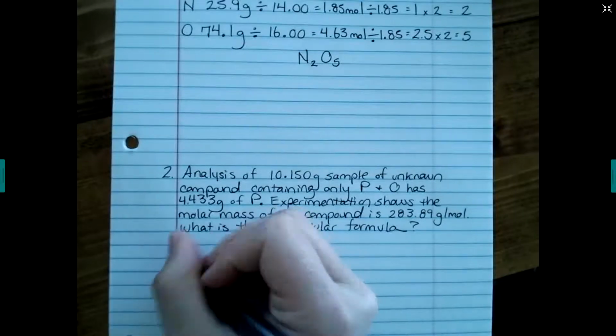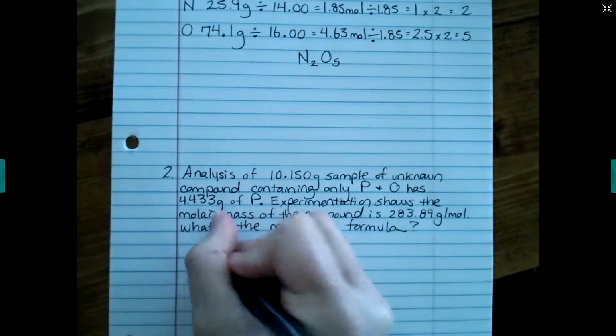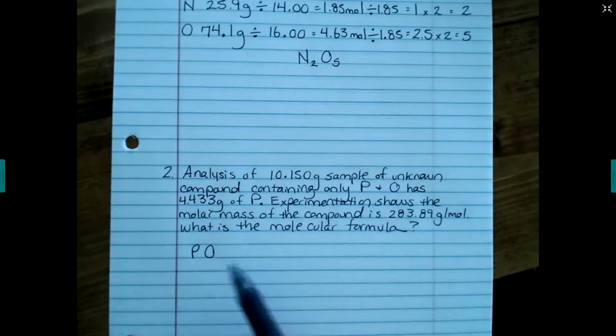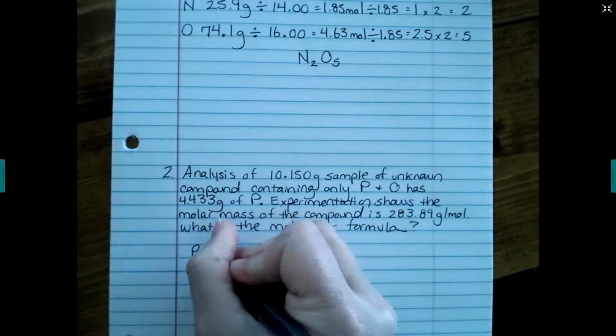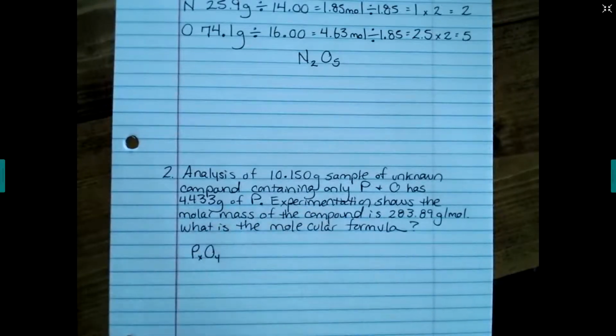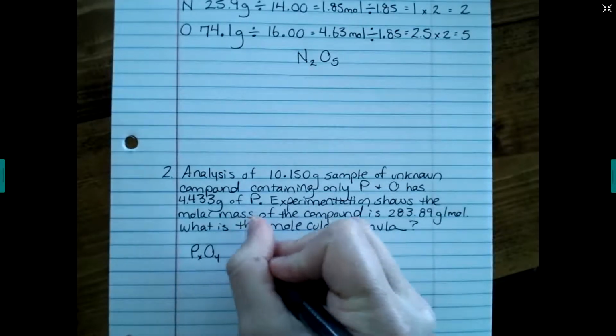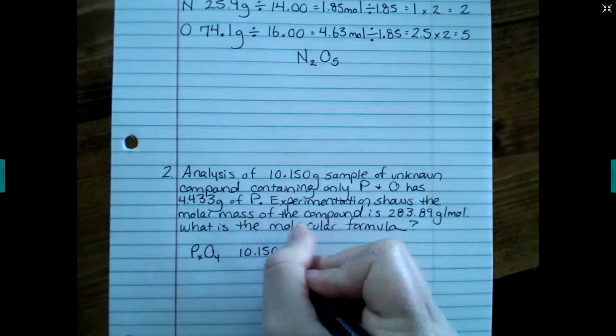All right, so you have this unknown compound, and the problem tells you that this unknown compound is only made up of phosphorus and oxygen. So I'm going to put X and Y as the subscripts, because we know what it's made up of, we just don't know how many of each atom. Well, you know that the mass of this entire thing is 10.15.